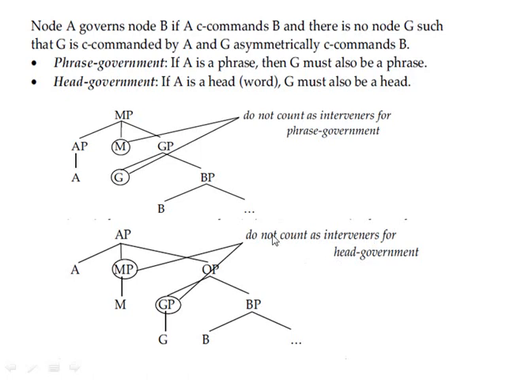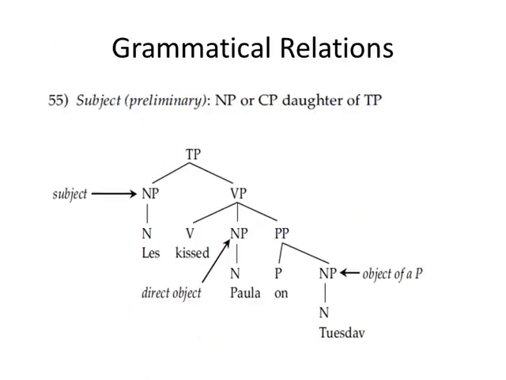Jadi untuk head government itu antara head dengan head, maka phrase tidak menghalangi. Untuk phrase government antara phrase dengan phrase, okay, here, maka untuk head tidak bisa menjadi interveners. Okay, so this is what we call as a government. Okay, and the last one, grammatical relations.